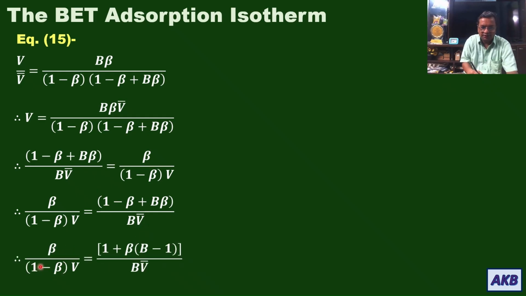From these two terms I have taken beta common, so it will be 1 plus beta into B minus 1, upon B into V bar.